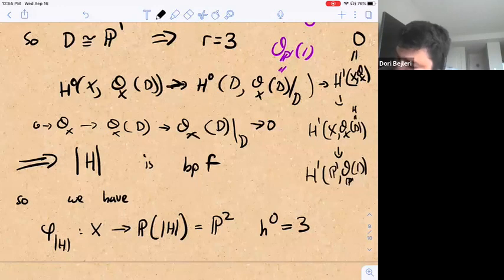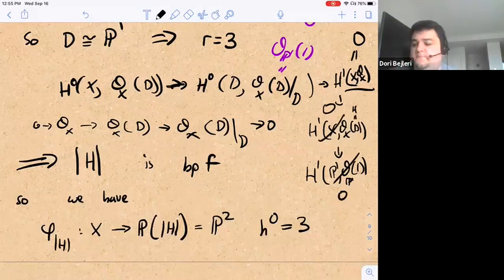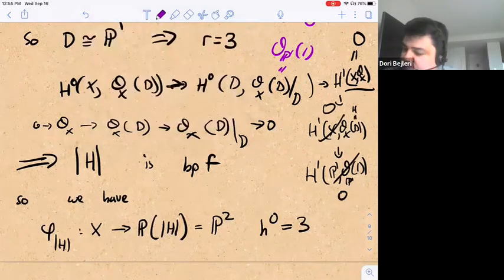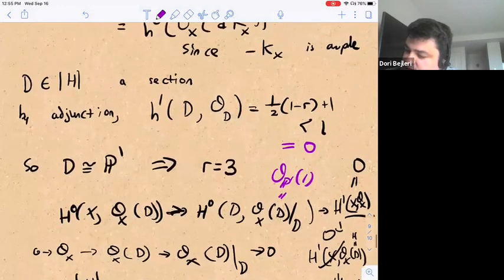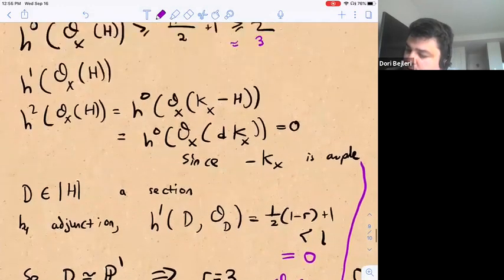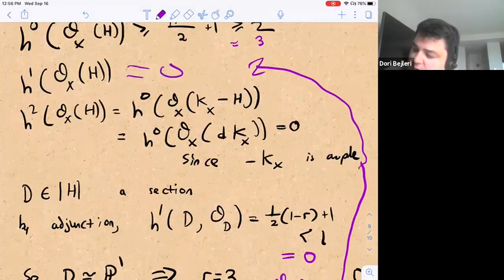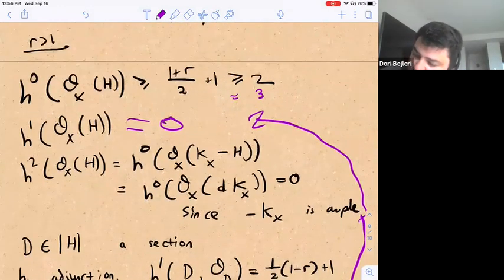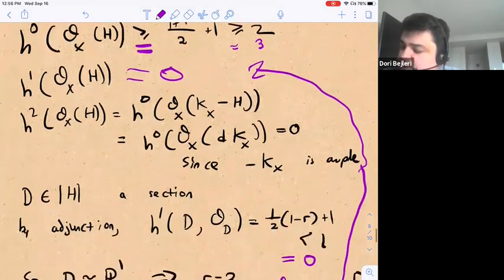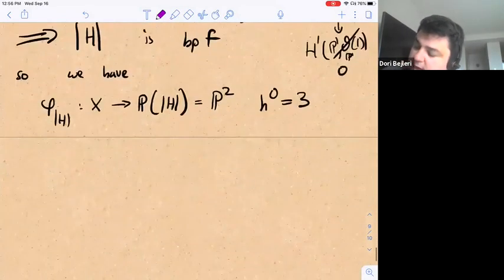So this term is 0, and this term is also 0, so the middle term is 0. So kind of after the fact, this implies that this H1 is also 0, which means that this is an equality in Riemann-Roch, which means that h0 is 3, so this really is a map to P2.